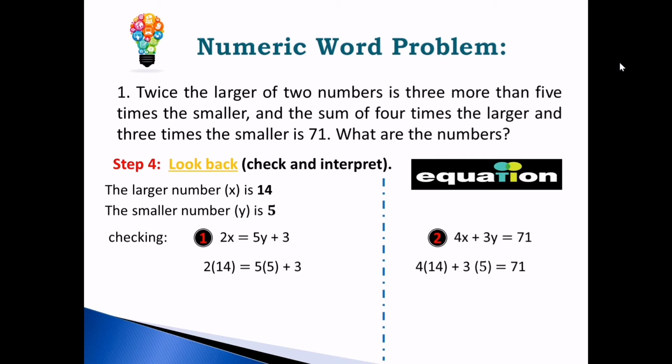So the left side is 2 times 14 is 28, 5 times 5 is 25 plus 3. 4 times 14 is 56 plus 3 times 5 is 15 equals 71. Then right after that, simplify everything and we're able to get the same equals. So meaning to say, the larger number is 14 and the smaller number is 5. That is how we're able to solve problem number 1.